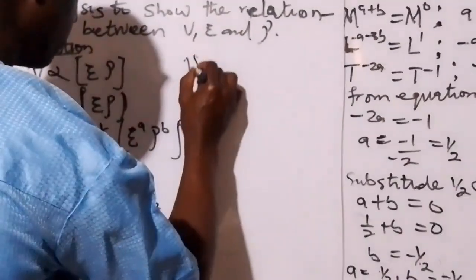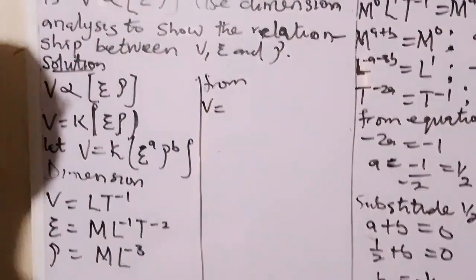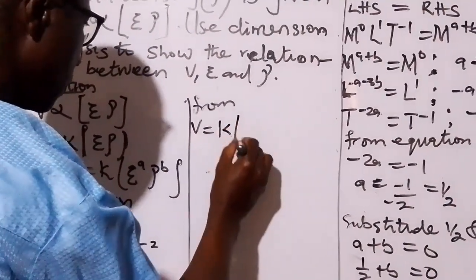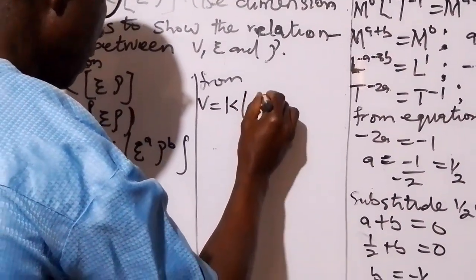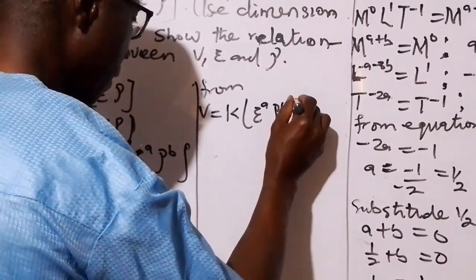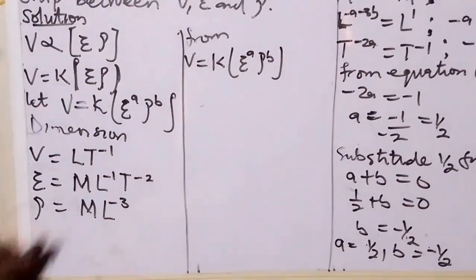Now, say from V is equal to K into E raised to power A and P raised to power B. Already we said K is a constant.